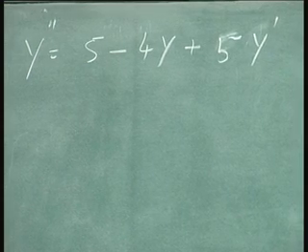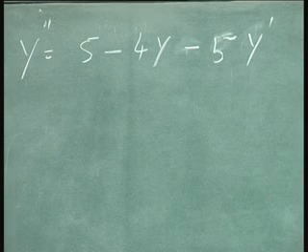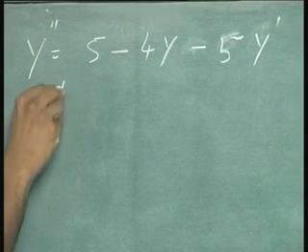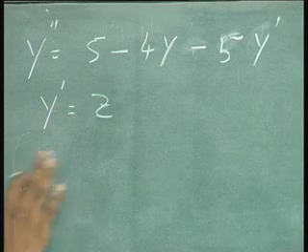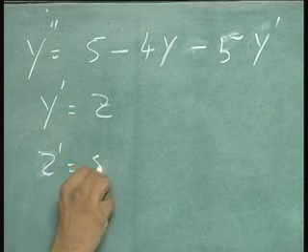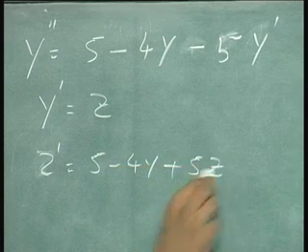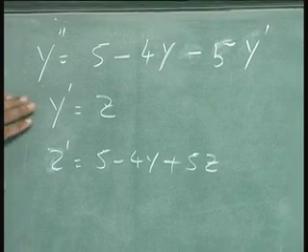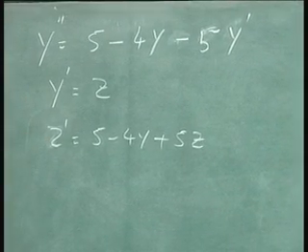Okay, that's the equation. We are going to write this as two things. We are going to write y prime is equal to z, and z prime equal to 5 minus 4y minus 5z. So in the program, in general, we could have an nth order differential equation and n such first order equations.